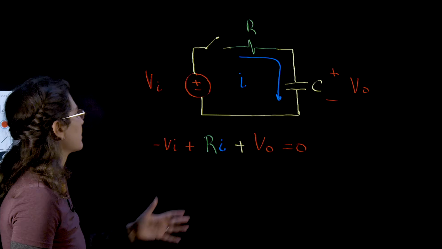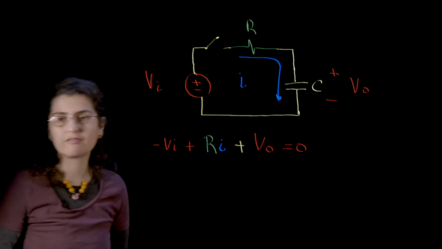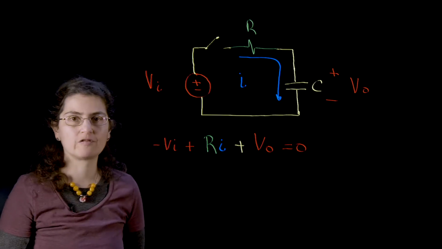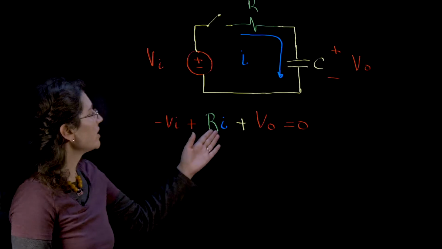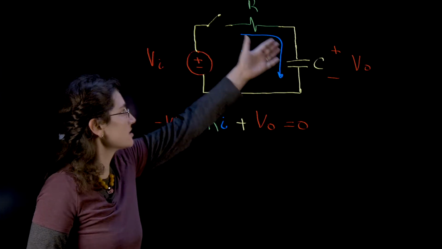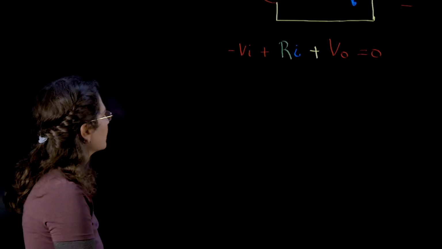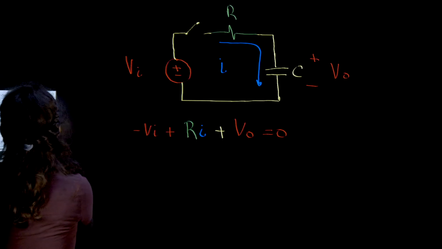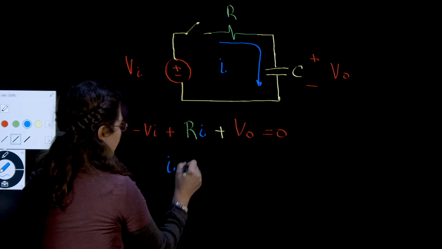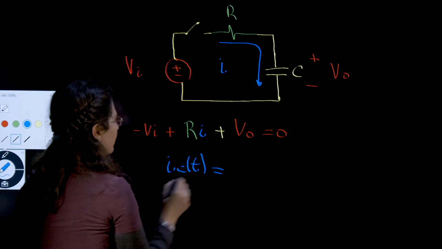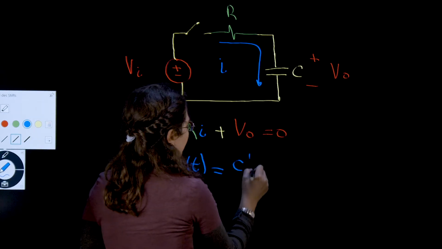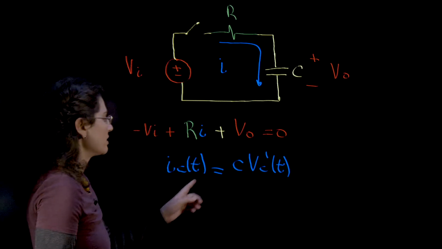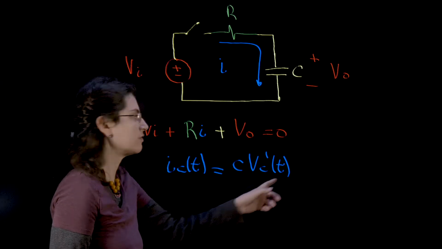Now, we know that we can represent the voltage in the capacitor with the characteristic equation in terms of its current. So we know that the current is the same for all of them. So we know that this current is also the current in the capacitor. And we know that the current in the capacitor is described by this equation. So the current is the capacitance times the derivative of the voltage.